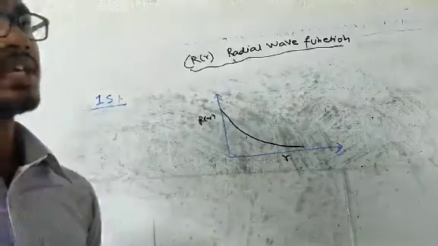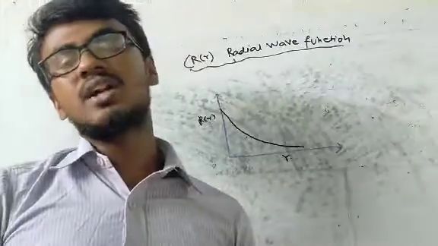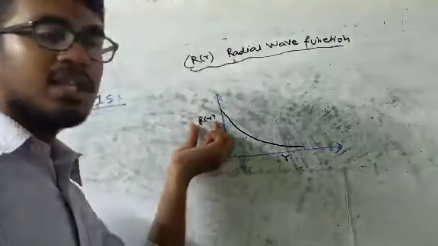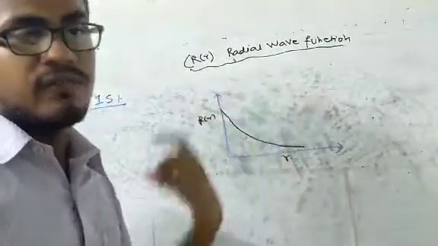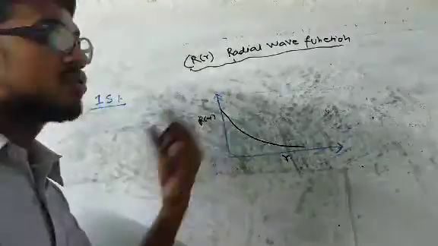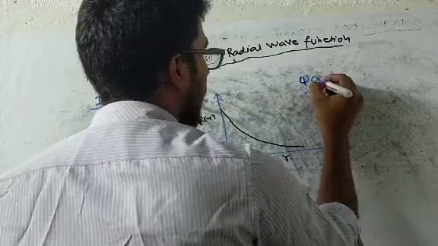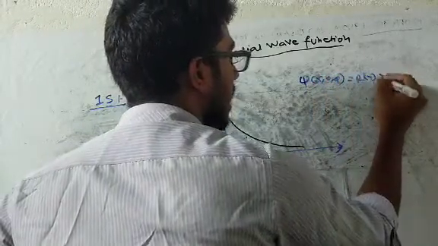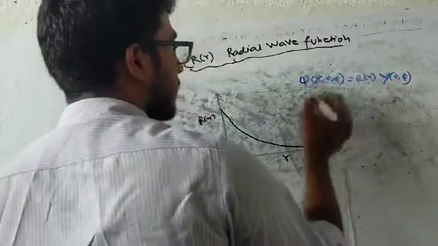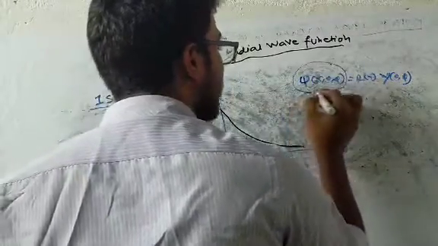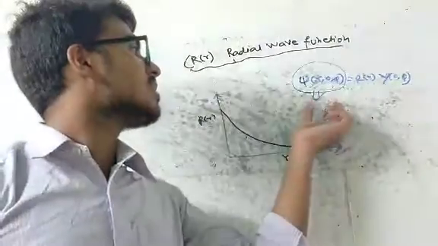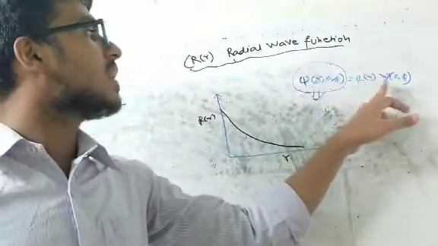This radial wave function is also a part of the wave function, because we all know psi of r, theta, phi equals R of r into Y of theta, phi. So this will help us know the probability of finding the electron around the nucleus.